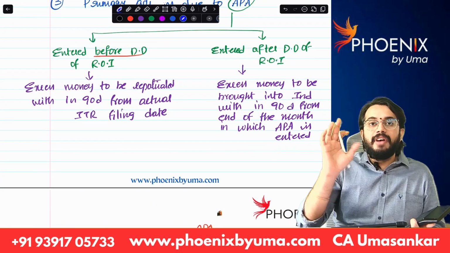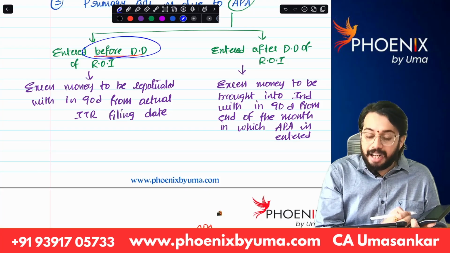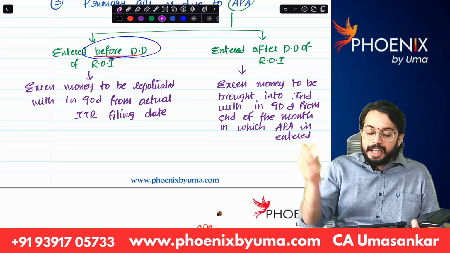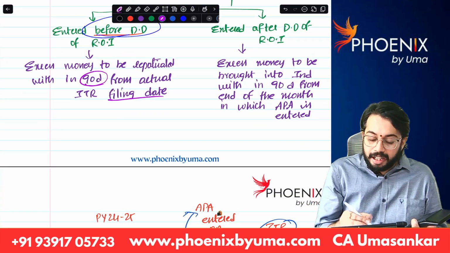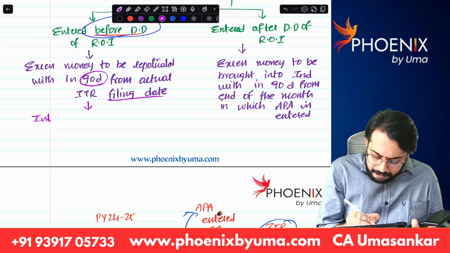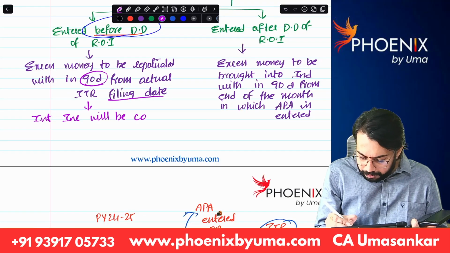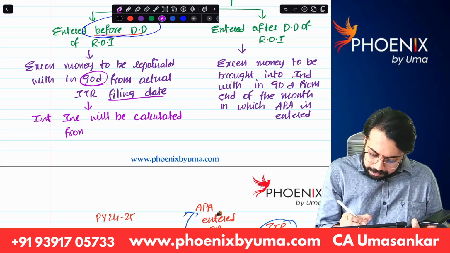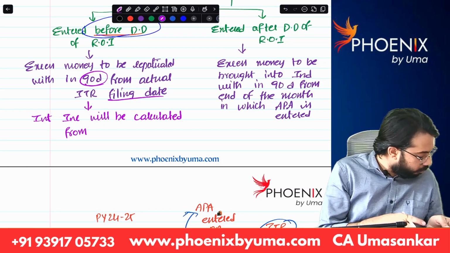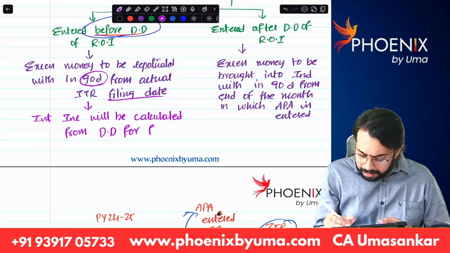Here, the advance pricing agreement is entered before the due date for filing ITR. In that case, excess money is to be brought to India within 90 days from the ITR filing date. If not, interest income will be calculated from the due date for filing ITR.